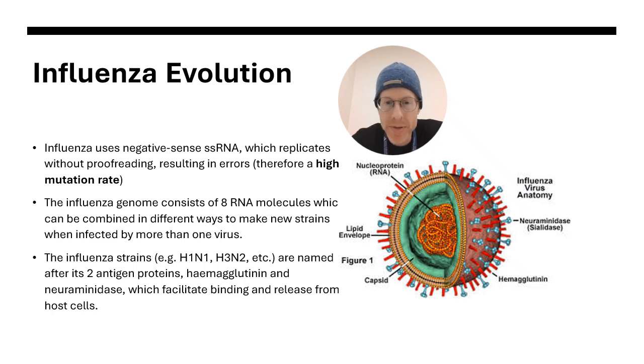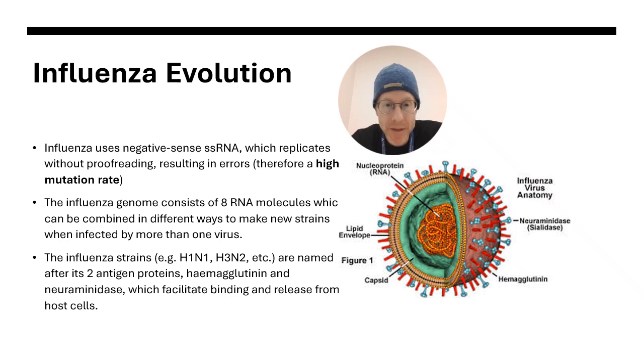So the examples, influenza. Influenza uses ssRNA. It's negative sense RNA, which means a complementary strand of that RNA has to be produced first before it can be used to make proteins, and that leads to a lot of mutations. It also has more than one RNA strand.